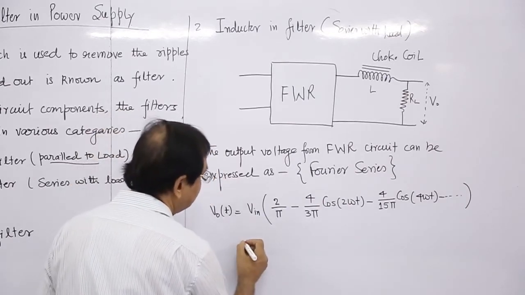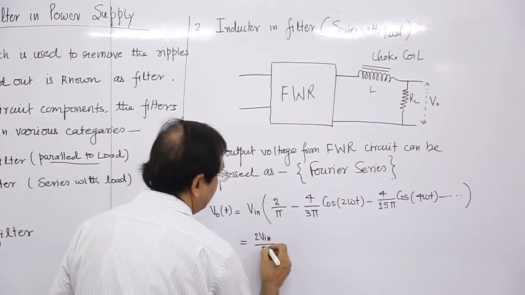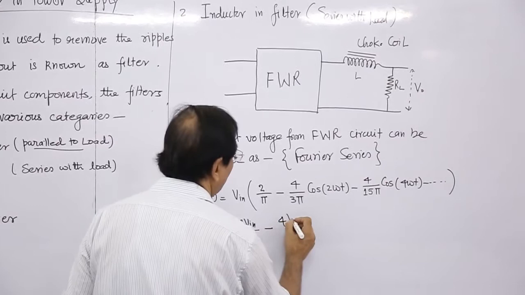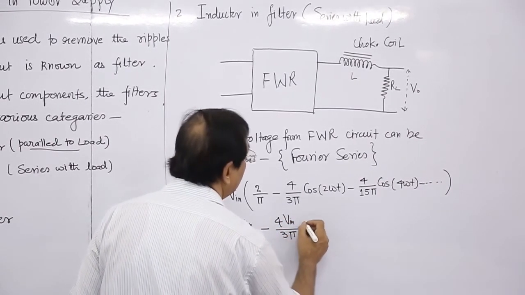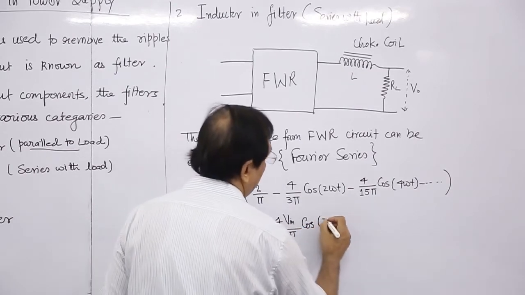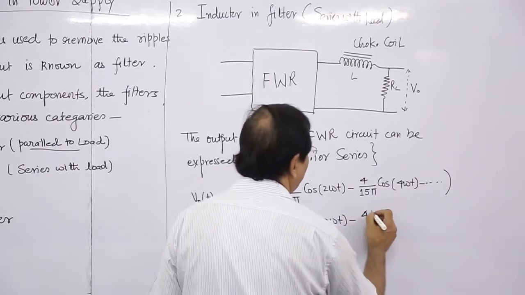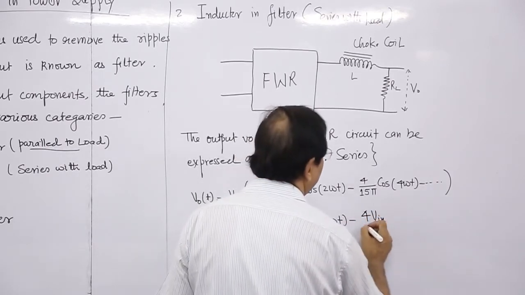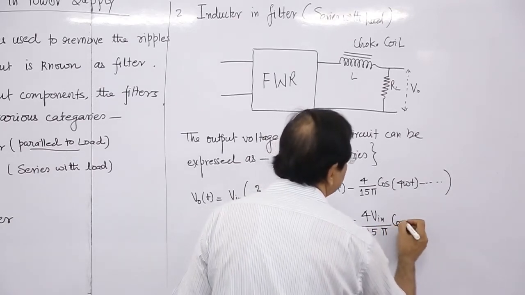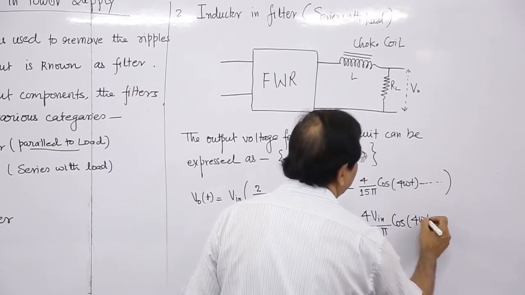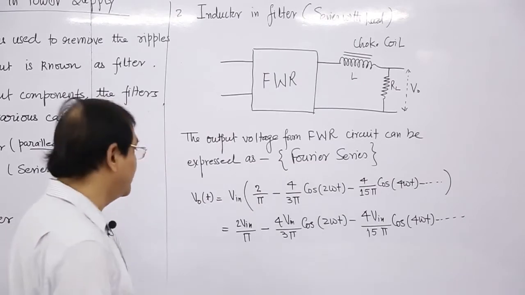We can also express this as 2 V_in upon pi minus 4 V_in upon 3 pi cos 2 omega t minus 4 V_in upon 15 pi cos 4 omega t. This is the Fourier series.